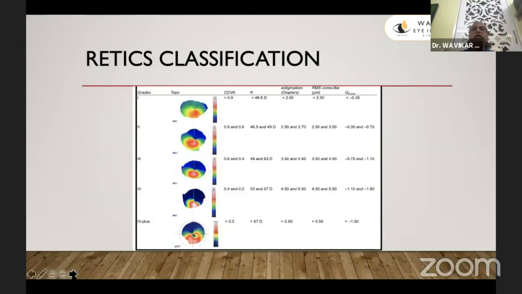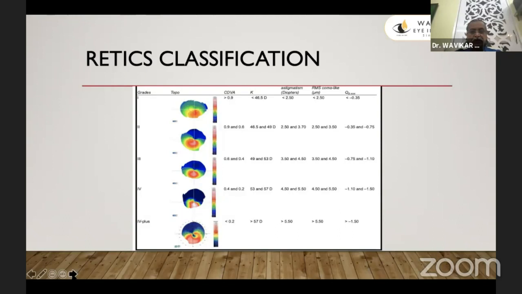Now, previous classifications of keratoconus are based basically on the topography. However, that is not a very good idea because the functionality, quality of vision is not considered. The Retics classification includes all this.